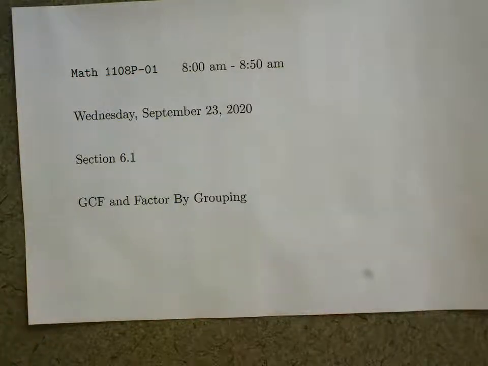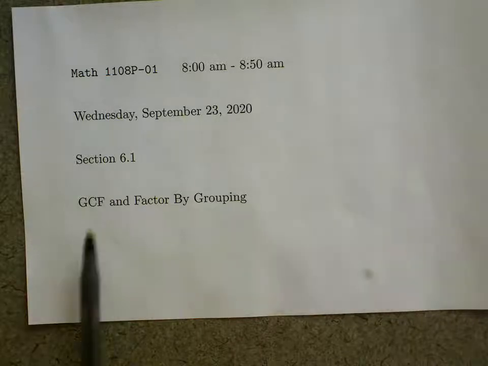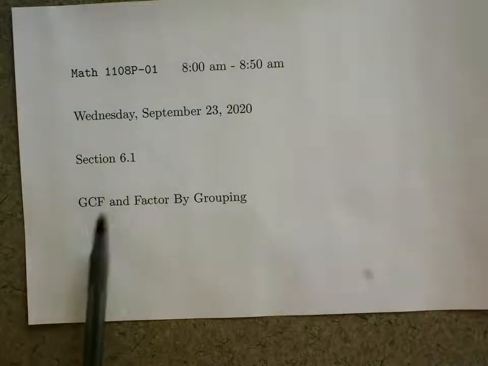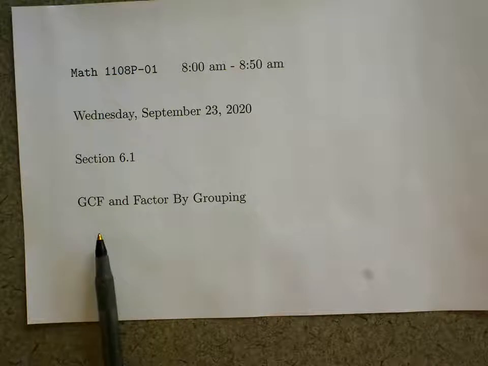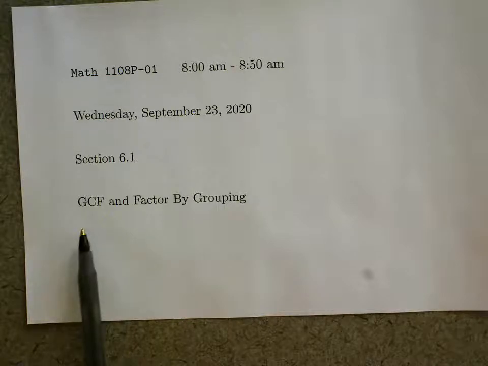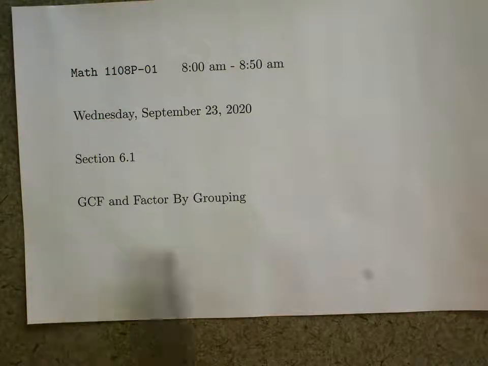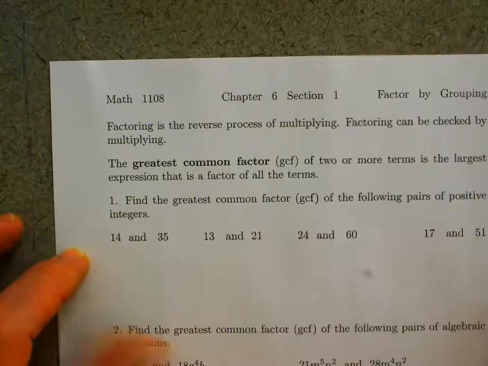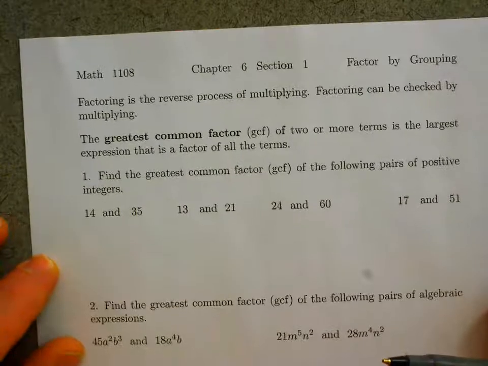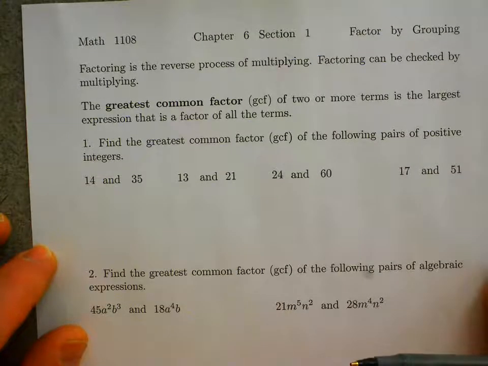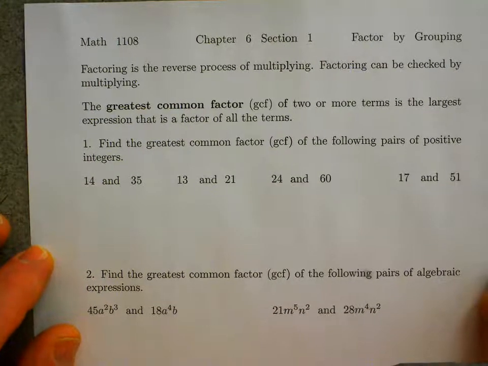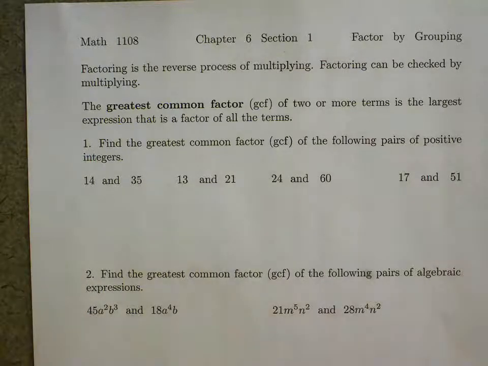All right, it's time to start. We'll be in section 6.1. That has to do with greatest common factors and factoring by grouping. So factoring, you might have heard that term before.